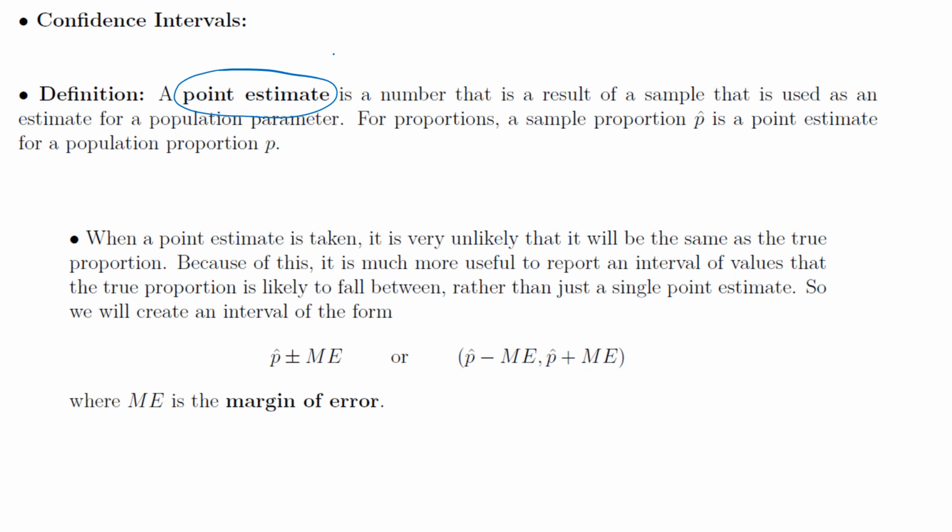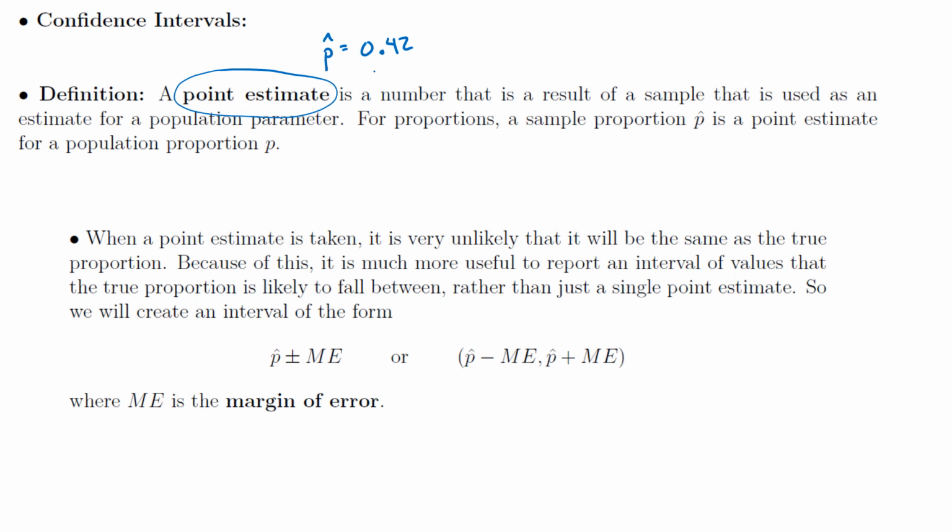Now let's just throw a number out there to have something to look at. So let's say they get a sample proportion of 0.42. What that tells them is that in the sample, 42% of the respondents plan on voting for this particular candidate.